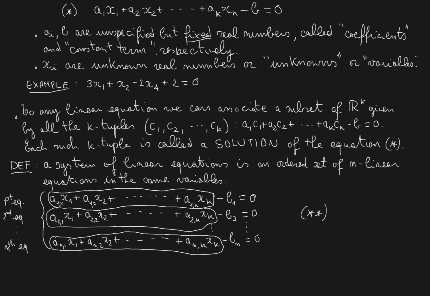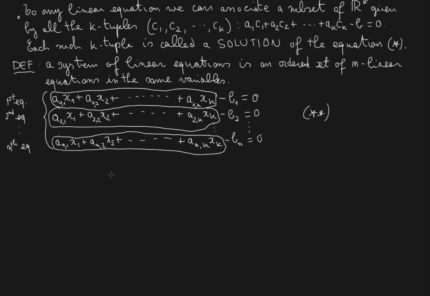In this case 1,1 will be going to 1,k in one direction, and then 1,1 will be going to n,1 in the other direction. So this will be a matrix with n rows and k columns, the associated matrix to this system. This is exactly called the associated matrix of this system.